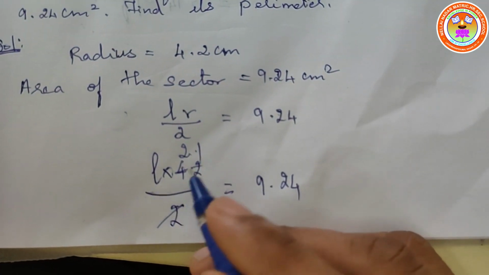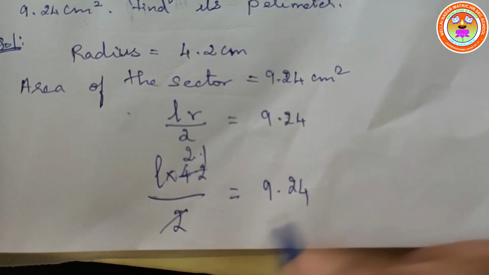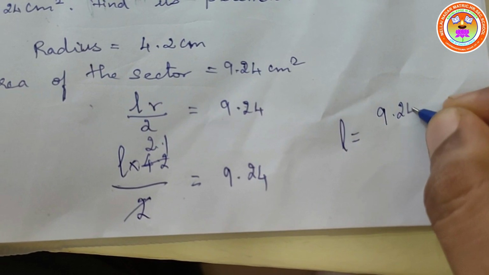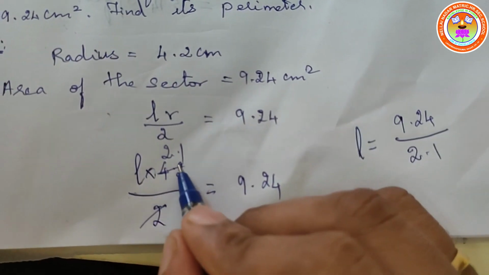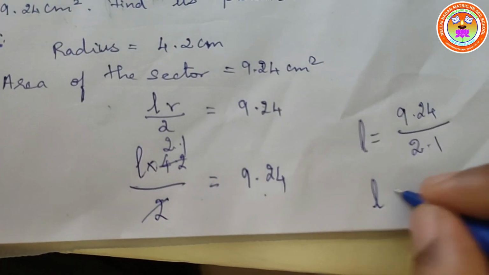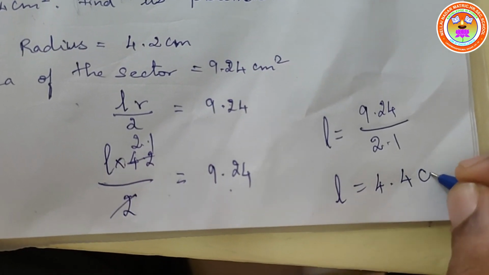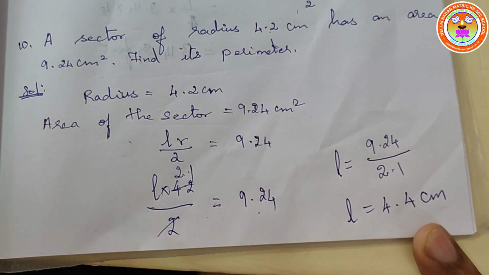So L into 2.1 equal to 9.24. If you find L, it is 9.24 divided by 2.1. This one will come in the denominator place. So if you cancel this, L is equal to 4.4 centimeter. Are you able to understand? Like this we have to find.